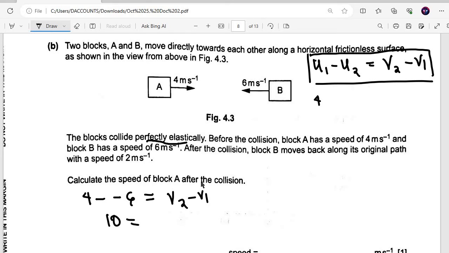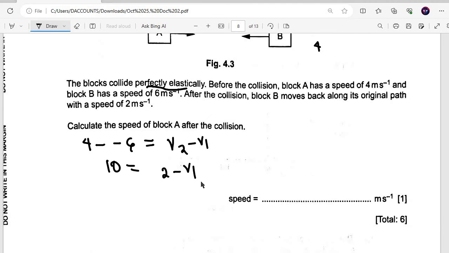Calculate the velocity of A. They never mention anything about the direction of A. So when it moved back along its original path, this should be 2 minus V1. So V1 is minus 8.